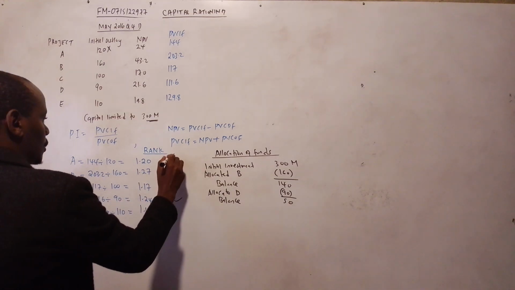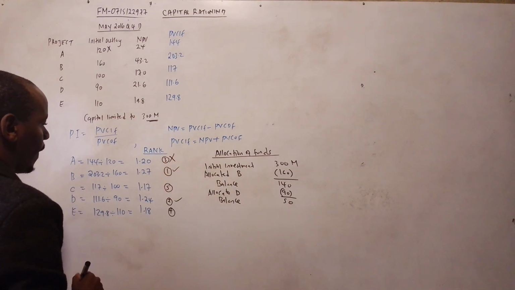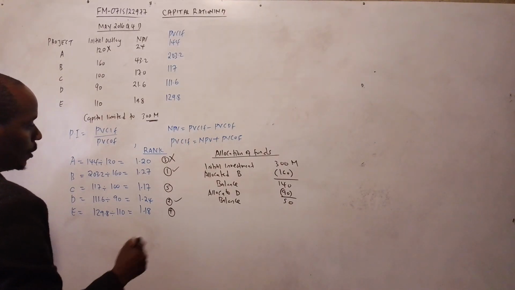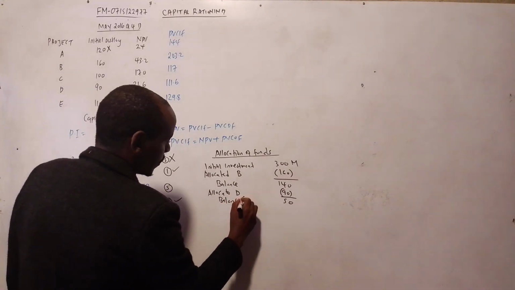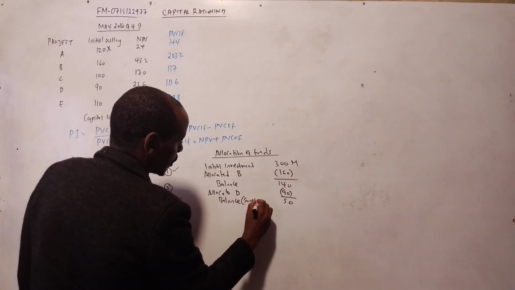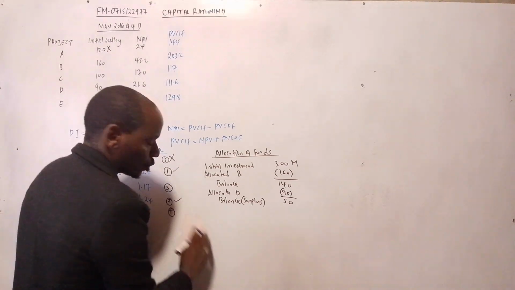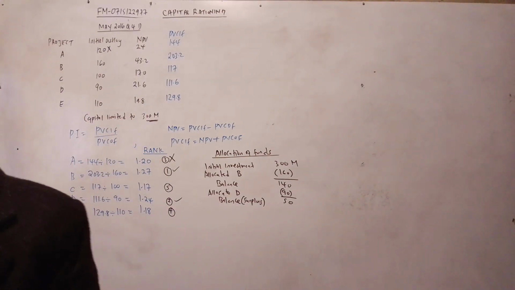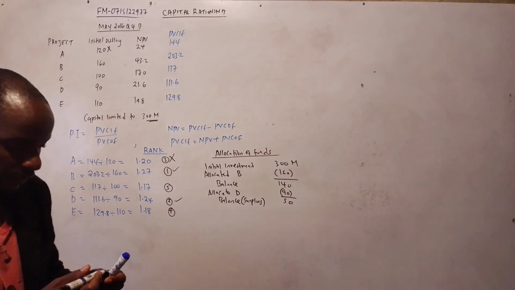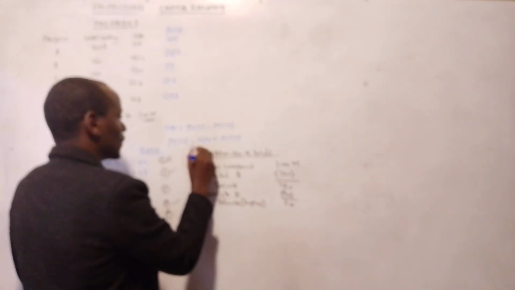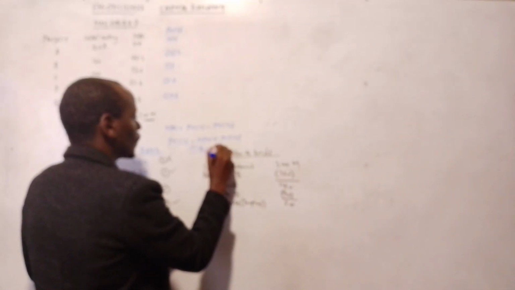The other project, project C, costs 100, so this one will become a surplus, and we can invest the surplus. They told us the projects are not divisible. So number one, let us assume the projects are indivisible.